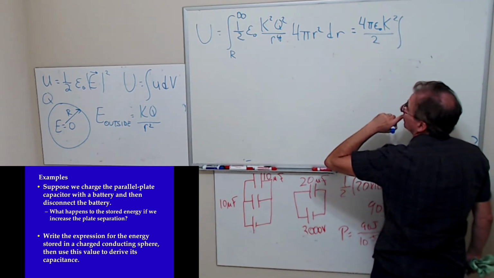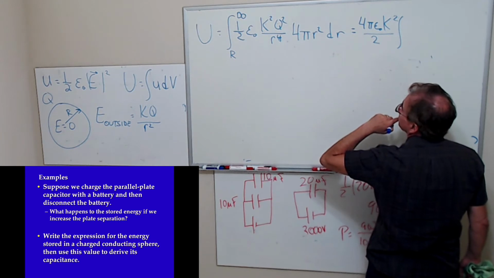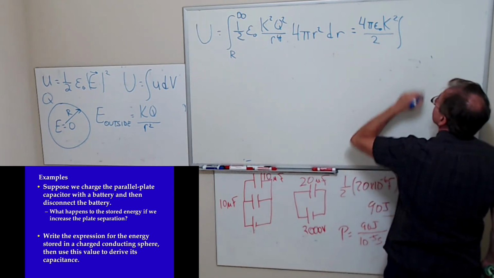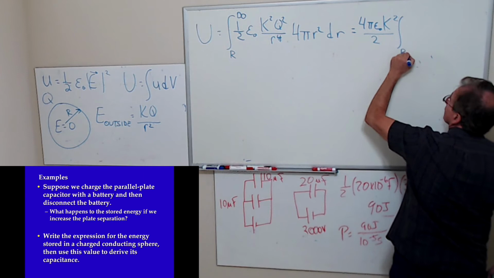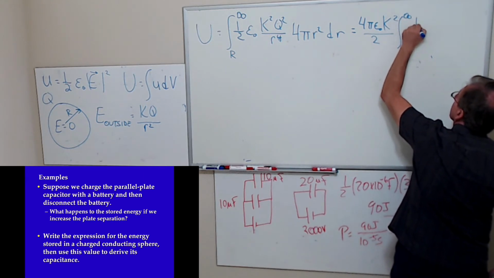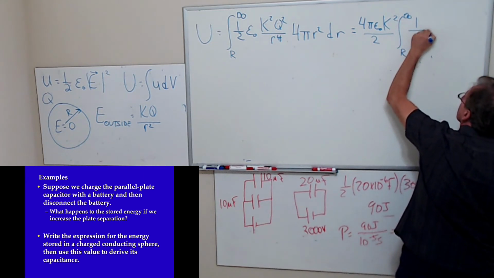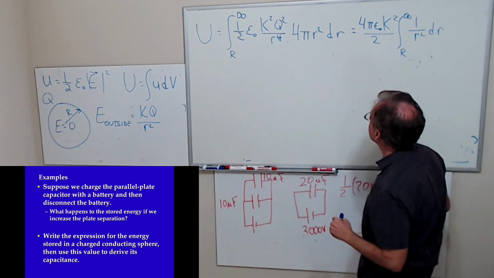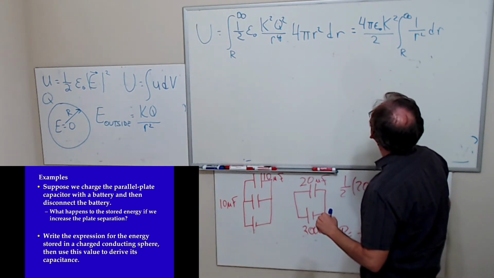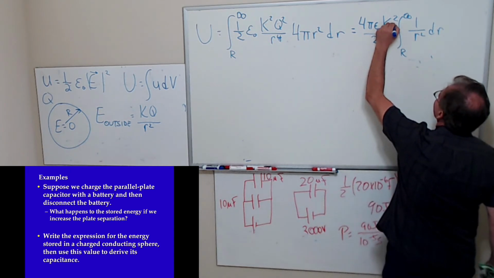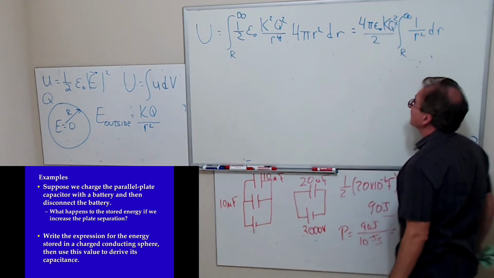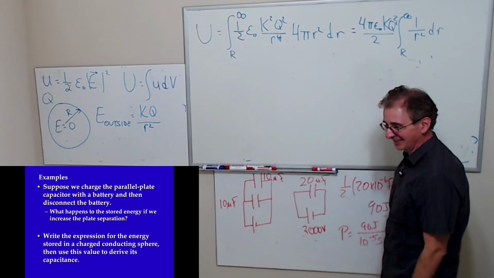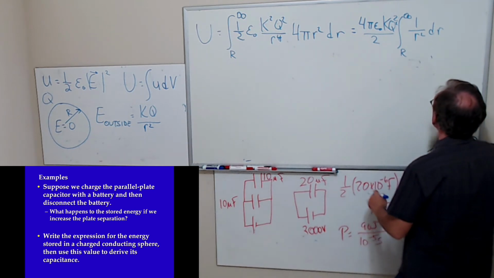And then what am I going to integrate? Does that look okay? Did I do the algebra correctly? You missed the Q. Oh yeah, that's important. That is a constant, so I'll put that outside. Okay, thank you.